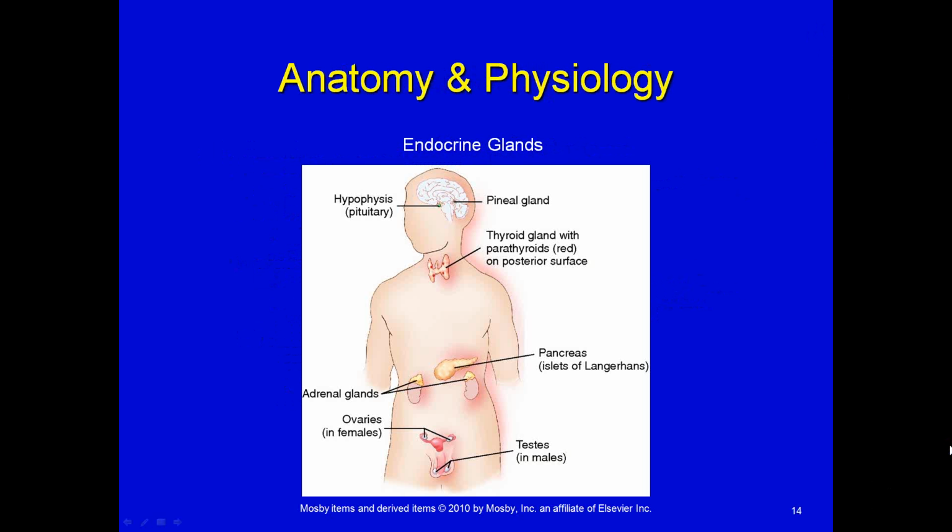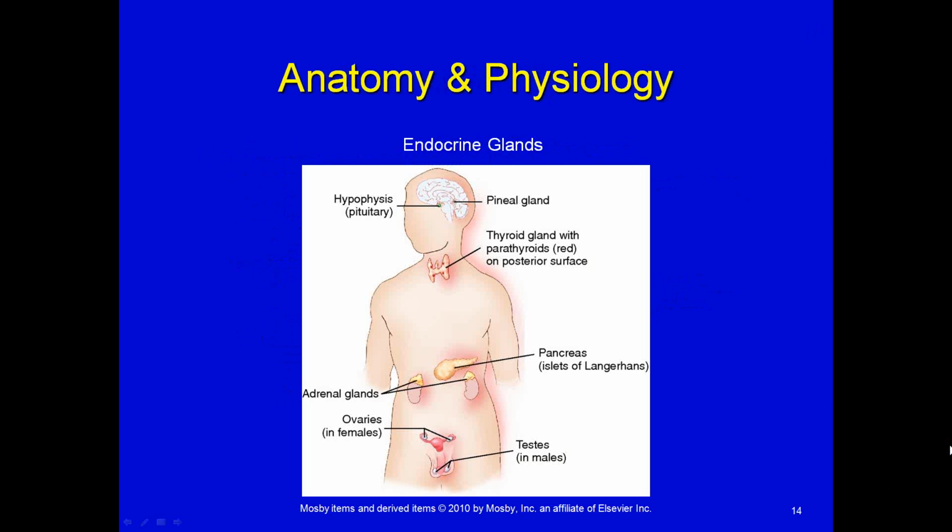So here's a visual of where those particular endocrine glands are located. You've got the pituitary gland, which is located at the base of the cerebrum, and then the pineal gland, which also is known as the hypothalamus, which is located in the brainstem.